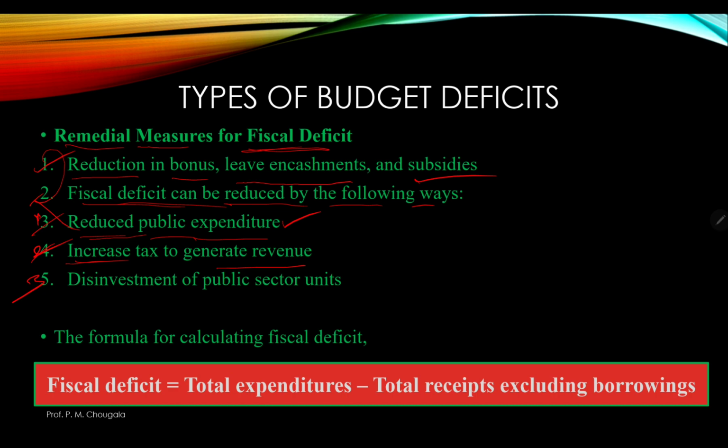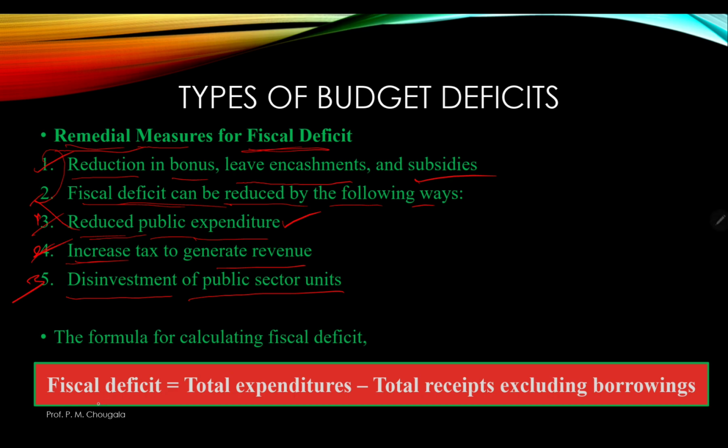These are some of the hints, alternative remedial measures to resolve the fiscal deficit. And the third one is disinvestment of public sector units. It means giving an opportunity to the private sector, and it is a better remedial measure for deficit finance.